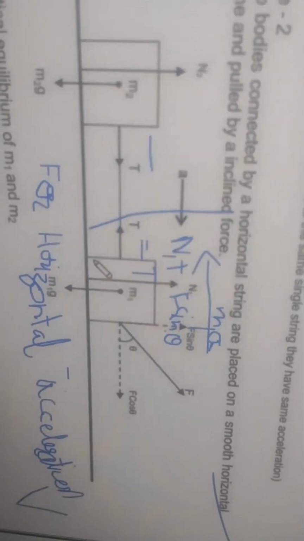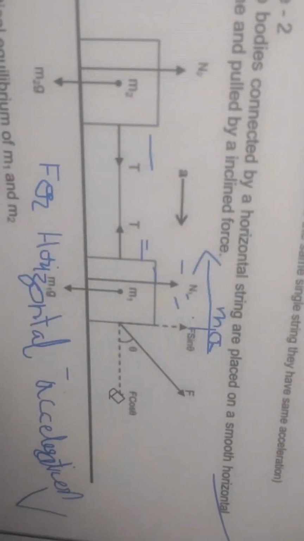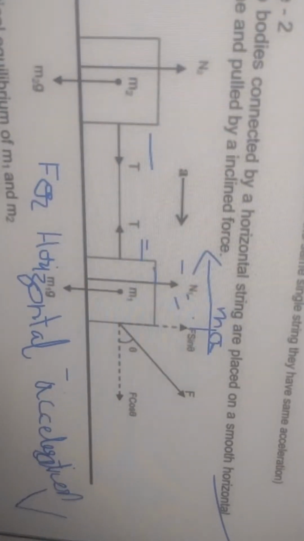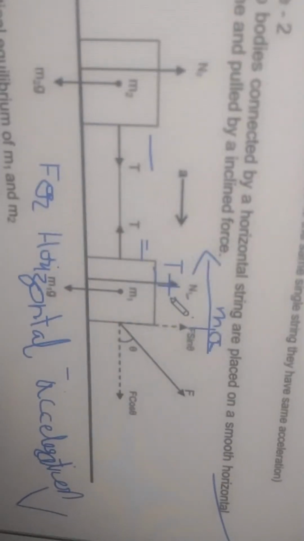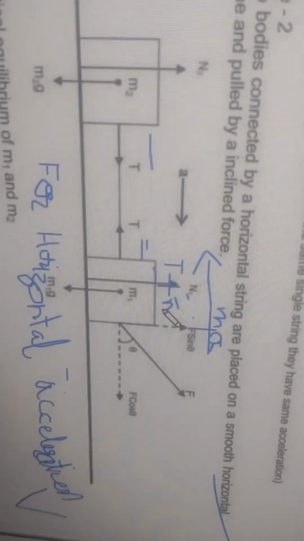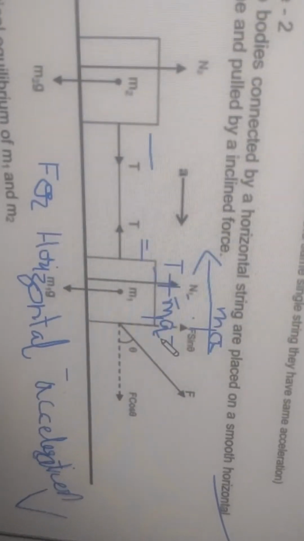This is for the vertical now. So horizontal, we are considering m1a and F cos theta. For horizontal, we have to consider T plus m1a is equal to F cos theta.